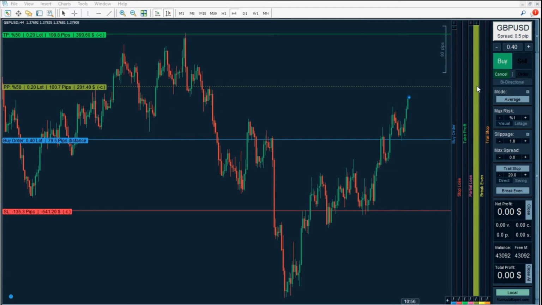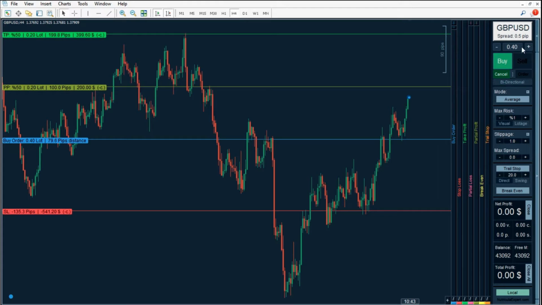In fact, with the help of the partial profit bar, we set a line between the entry point and the take profit so that when the price reaches there, half of the volume of our position closes. The profit is saved, and the other half remains for the take profit.